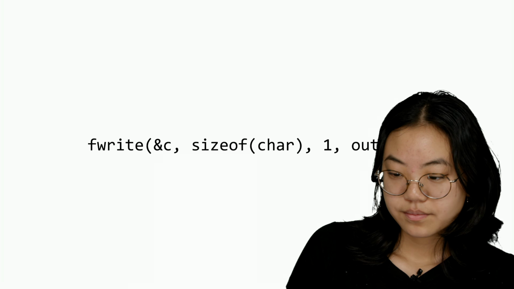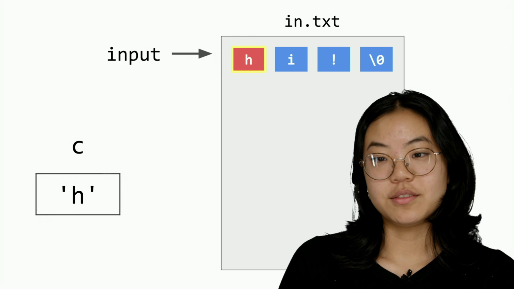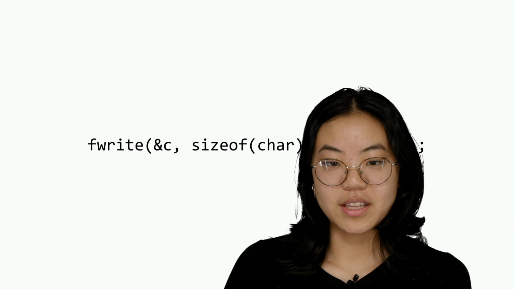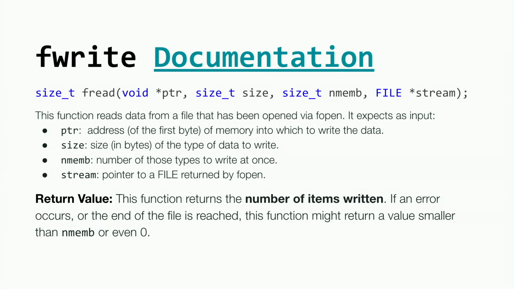And then once we have that stored in C, how do we actually write it to a new file? For that, we can use fwrite. Here, the inputs are relatively similar. And so if we look at the documentation again, it's pretty much almost the same that we've just seen.